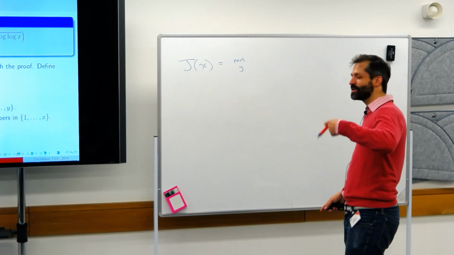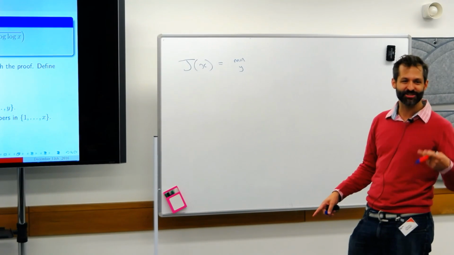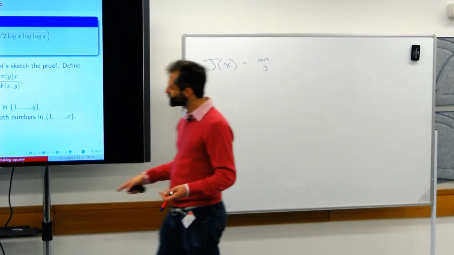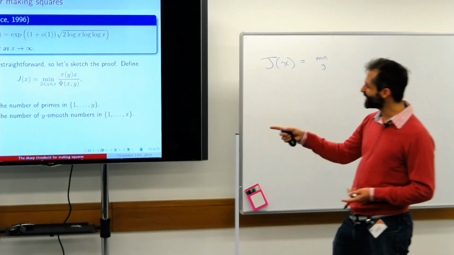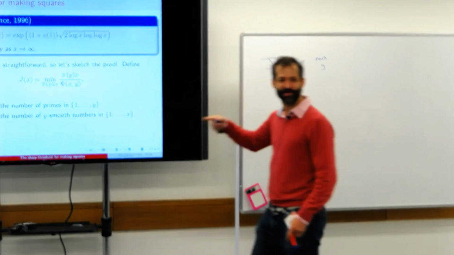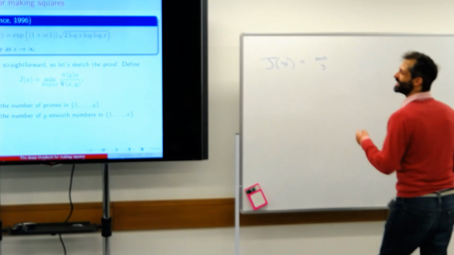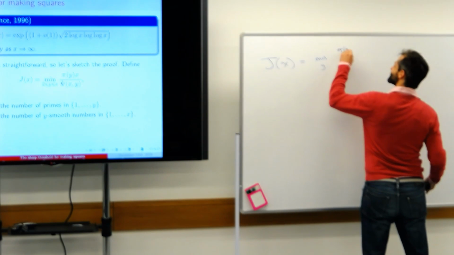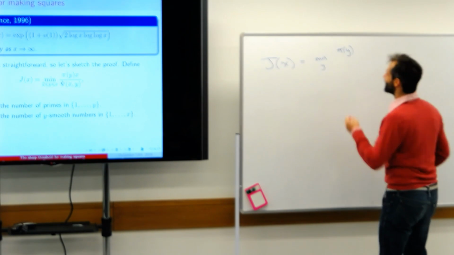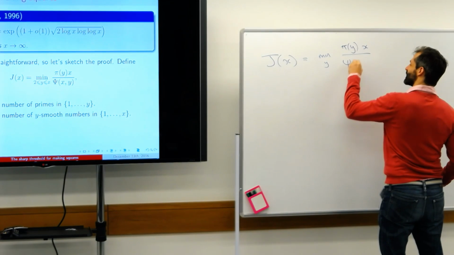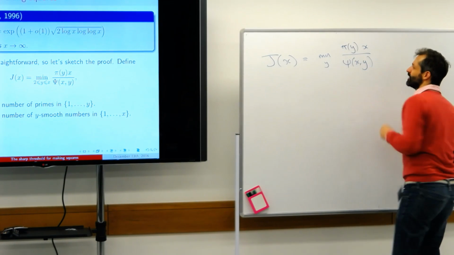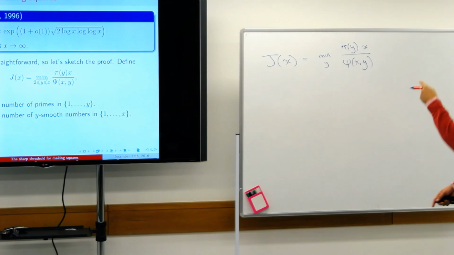So that's numbers with no prime factor larger than y. Was it psi or something? All right, the number of numbers up to x with no prime factor larger than y. In case anyone didn't know, I'm not a number theorist, and that would give it away. Okay, you minimize this ratio.